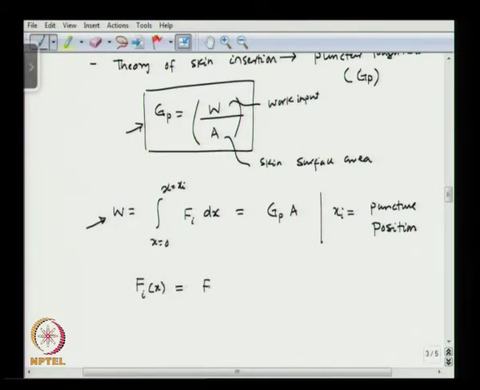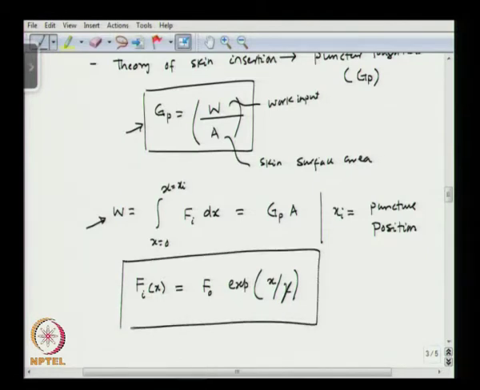From this we can find an expression for insertion force. Fi(x) is going to be F0 into exponential of x over some characteristic length scale, where x here, the oblique x, is the characteristic insertion length. So, what do we see here?